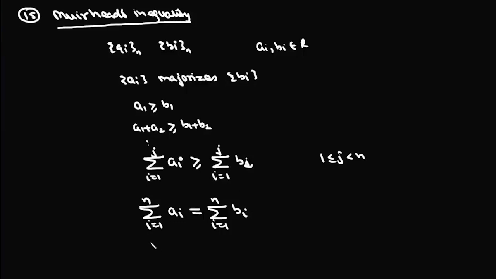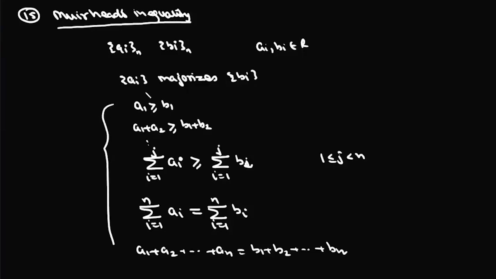That means a1 plus a2 up to an must be equal to b1 plus b2 up to bn. So if we have these conditions, then we'll say sequence ai majorizes the sequence bi.